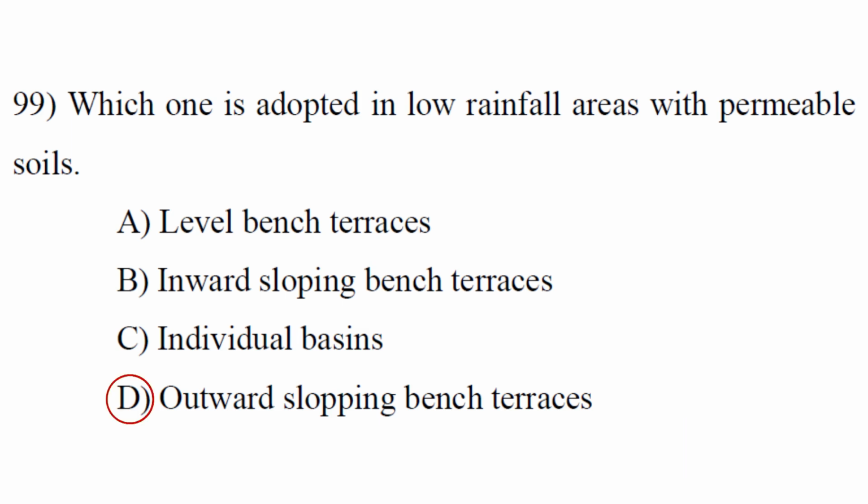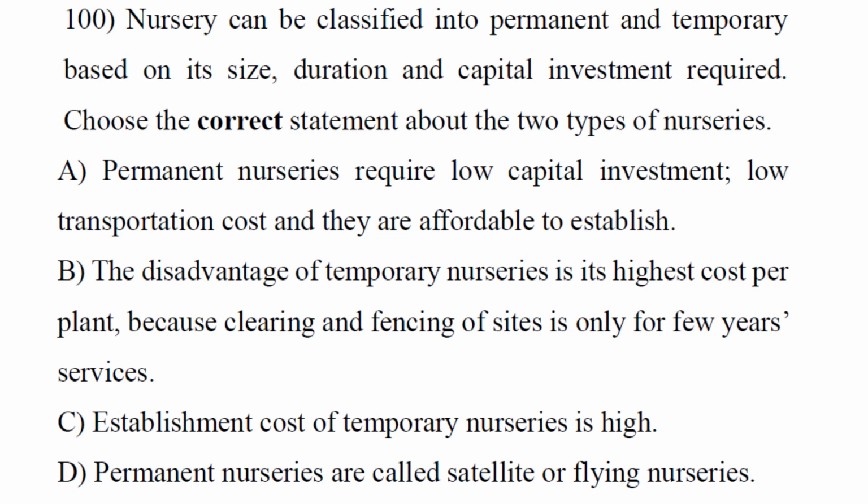Answer, D. Outward sloping bench terraces. 100. Nursery can be classified into permanent and temporary based on its size, duration, and capital investment required. Choose the correct statement about the two types of nurseries. A. Permanent nurseries require low capital investment, low transportation cost, and they are affordable to establish.